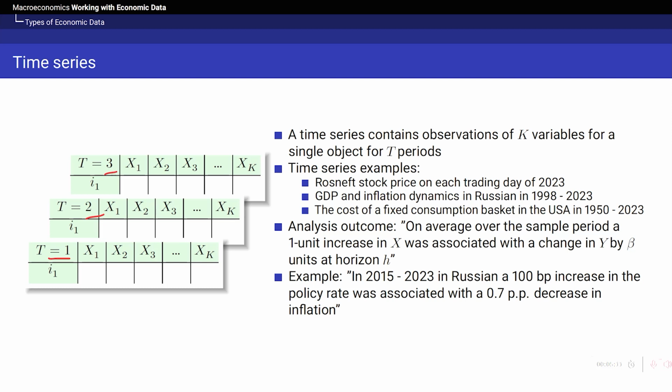For example, after studying Russian macroeconomic data, we could conclude that a 100 basis point increase in the policy rate of the Bank of Russia was associated with a 0.7 percentage point decrease in inflation over a 1-year period. This is the kind of statement that we usually make when analyzing time series.